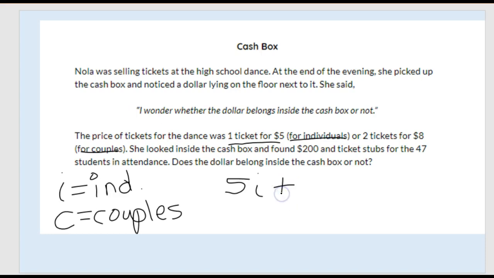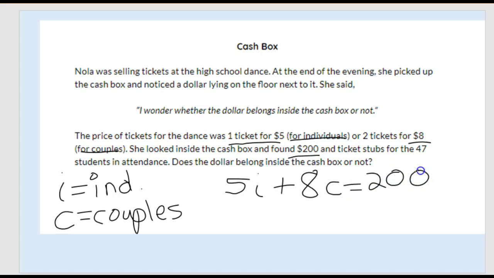And then I'm going to add, I know that tickets for couples were $8. So I'm going to do $8 times C, the number of couples that were there. If I add up the total amount that individuals spend and the total amount that couples spend, I know that they spend a total of $200.